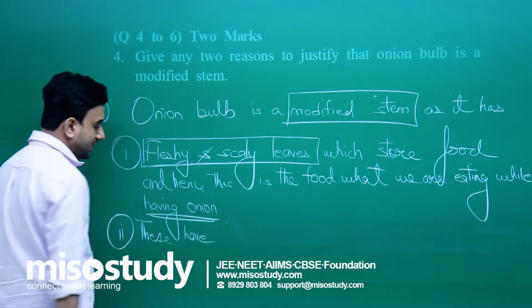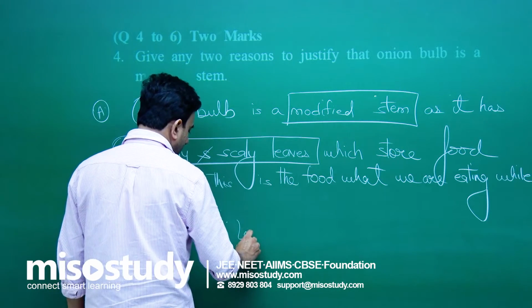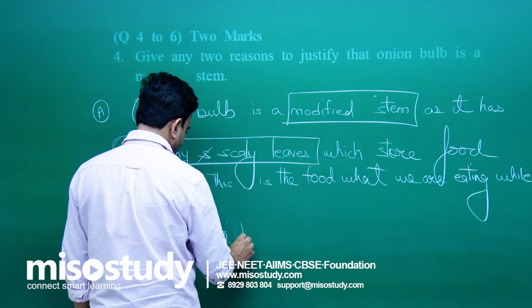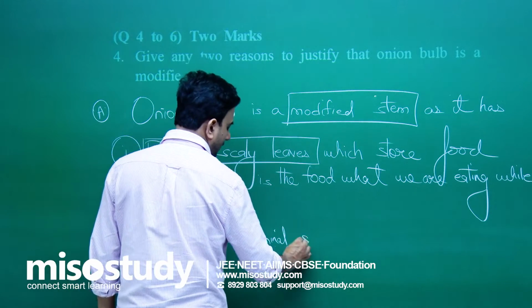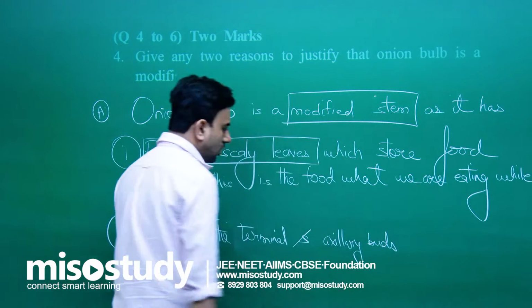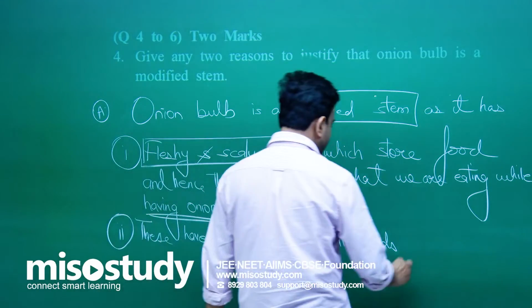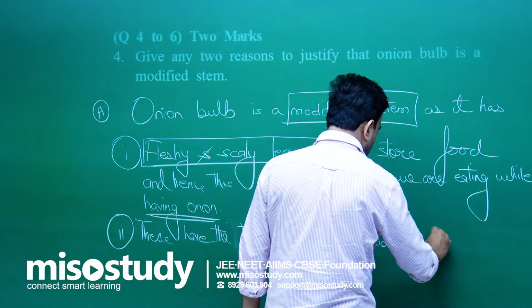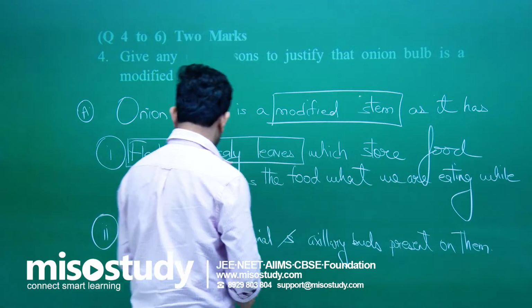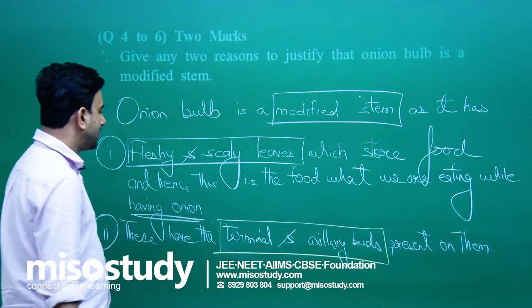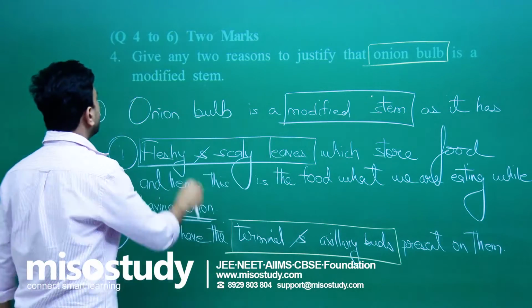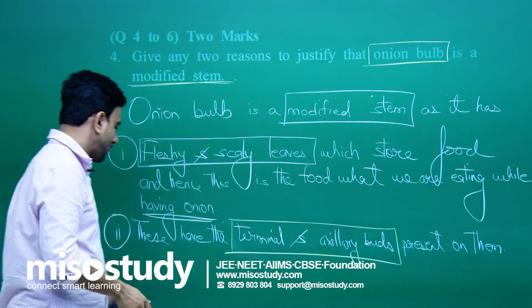these have the terminal and axillary buds present on them, and that is why we said that onion bulb is a modified stem.